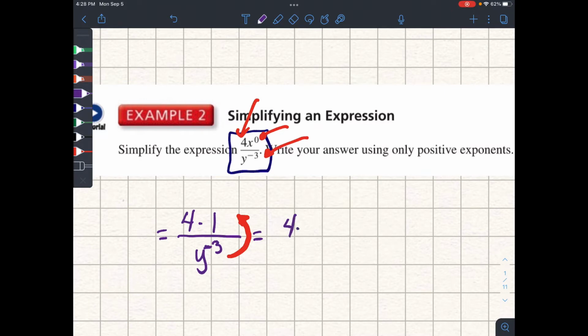So I've got a 4 times a 1 times a y to the 3rd power now, because that -3 flipped it upstairs. Final answer, 4 times 1 is 4. Y to the 3rd is just y to the 3rd. Nothing to do with that. There is my final answer using only positive exponents.